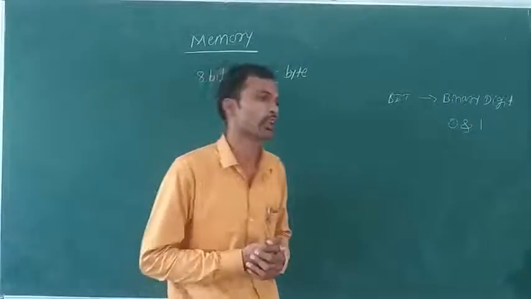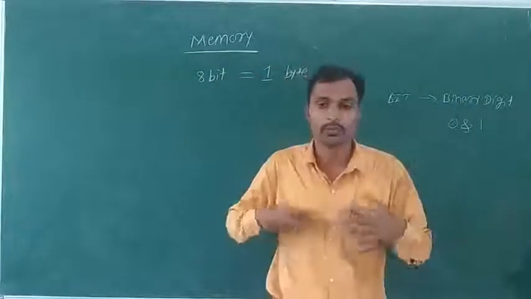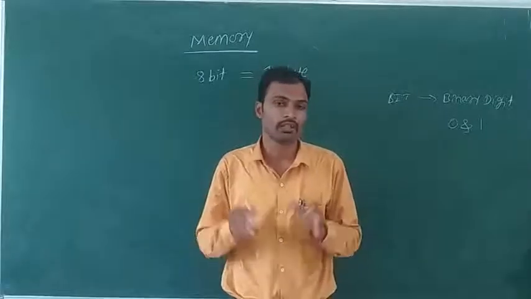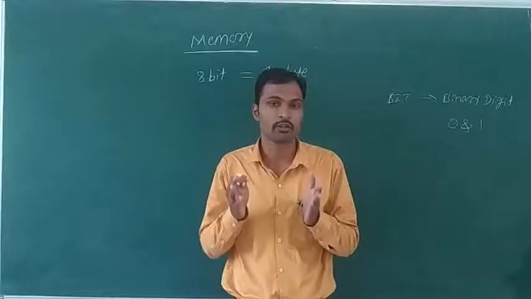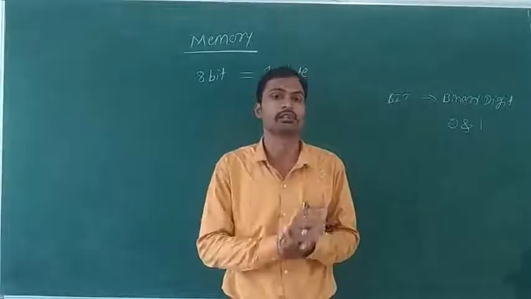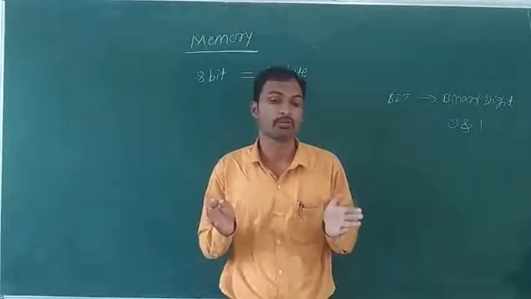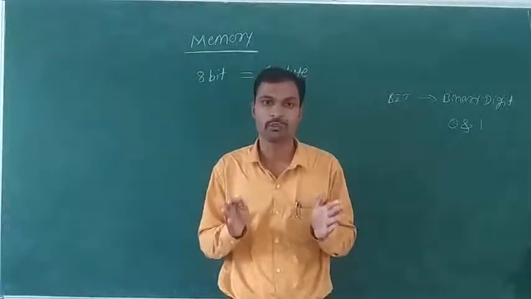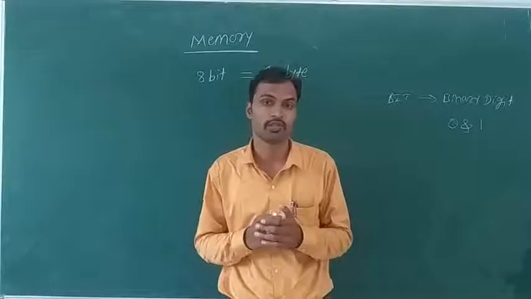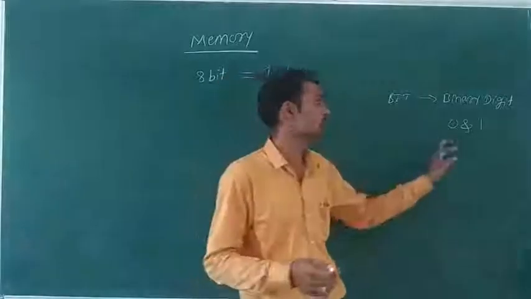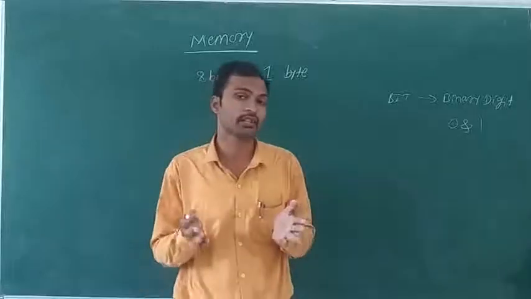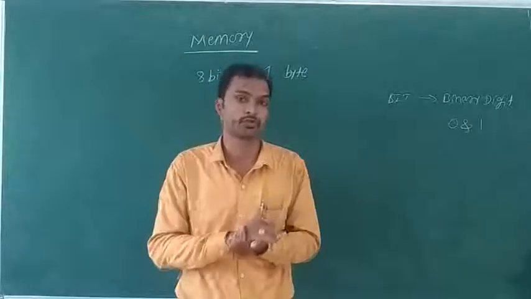See, one thing I want to tell you. Whatever instructions or data you give to the computer, the computer system will convert that data into binary numbers, because our computer system knows only the binary number system. Binary means 0 and 1, these two numbers. Whatever your data is, it is converted to ASCII codes.